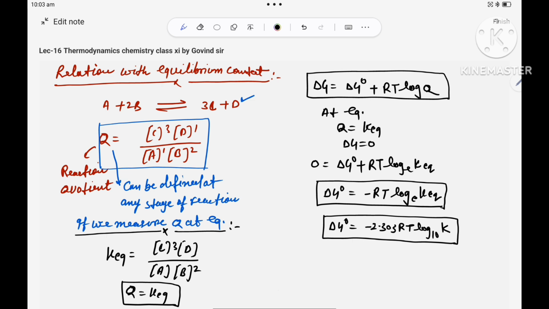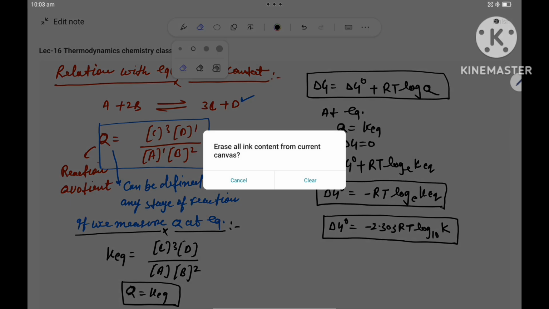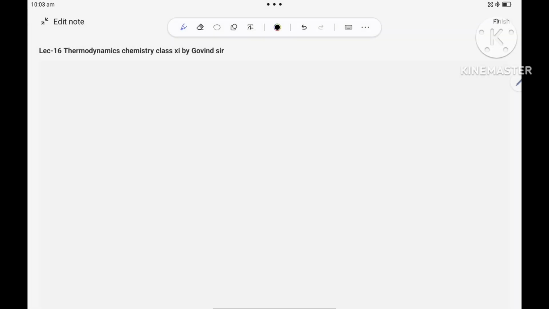So one question we will solve and finish this lecture. Question is JEE 2007. A to B, this is the reaction.